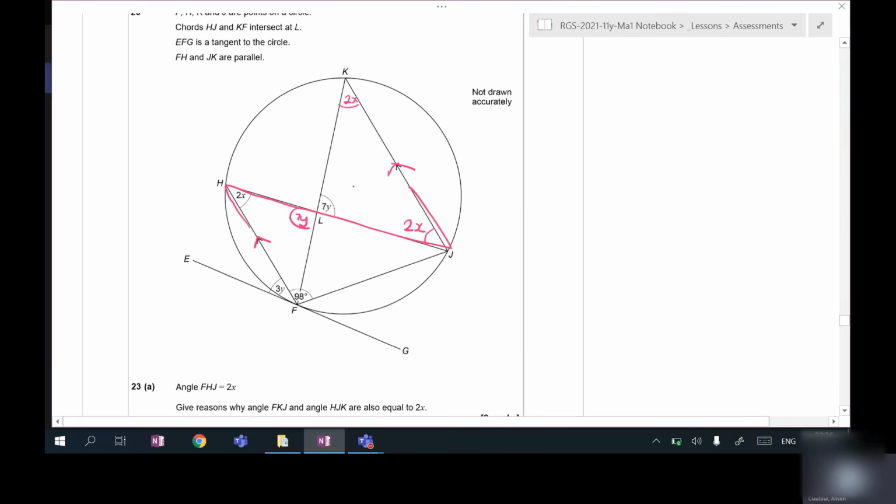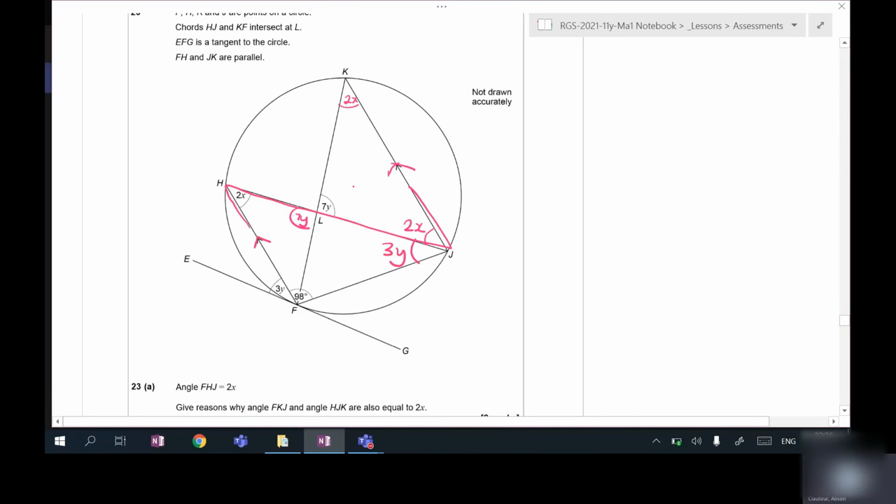So we've also got, we've got 98 down here. We've got 2x, we have got 3y. So if we think about the alternate segment theorem, 3y is the angle between the chord and the tangent. Okay, so the angle that chord subtends is actually here.